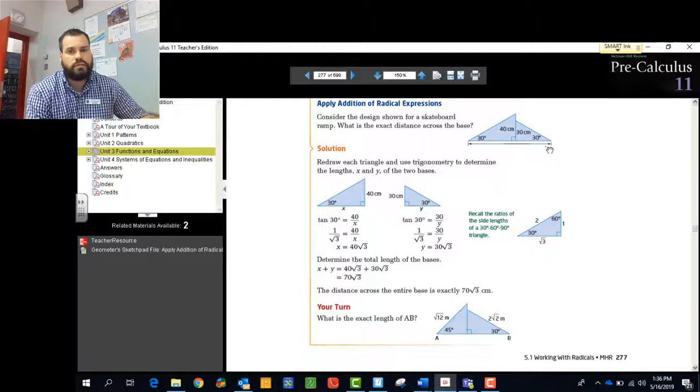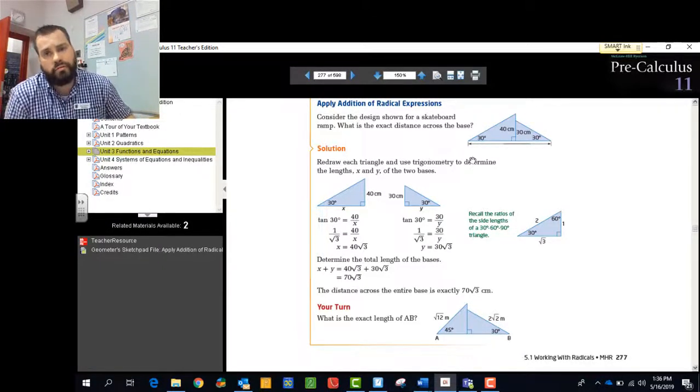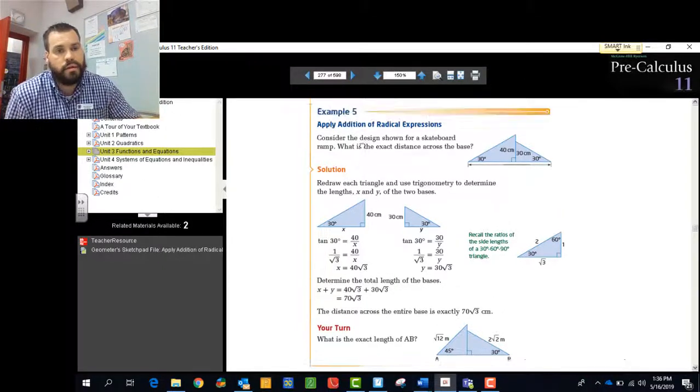It says what's the distance across the base, and you use the Pythagorean theorem if you have 2 of the 3 sides, or you use trig if you have a side and an angle. Here you have a side and an angle, so they solve for x, which is this distance, by doing tan 30 is 40 over x, and then tan 30 is 30 over y, solve, and then add together. Okay, so it's just kind of an application of that.